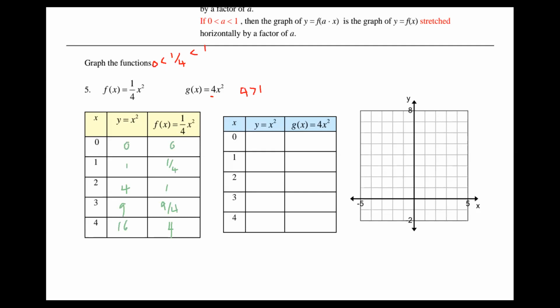So we're going to first graph the parent function. So it's going to be 0, 0, 1, 1, -1 is also 1, 2 is 4, -2 is also 4. So this is our parent function, which is the parabola.